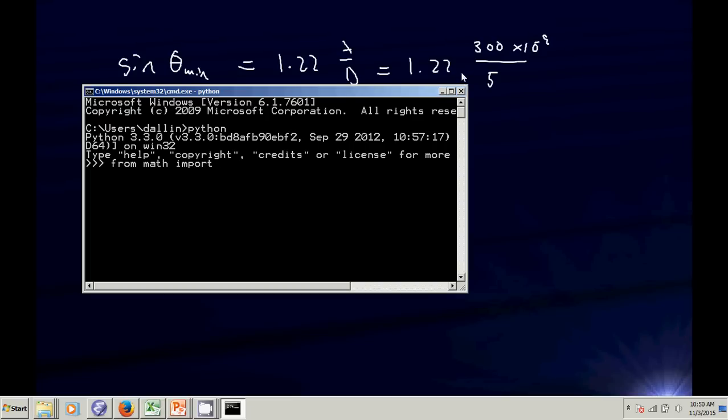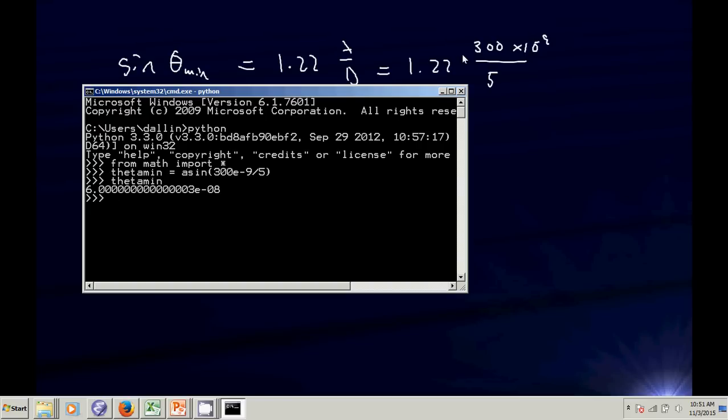My resolving power, call it theta min, is going to be the arc sine of 300 times 10 to the minus 9 divided by 5. And so my minimum angular size I can resolve is about 6 times 10 to the minus 8 radians, or about 60 nanoradians. That's the smallest thing I can see.